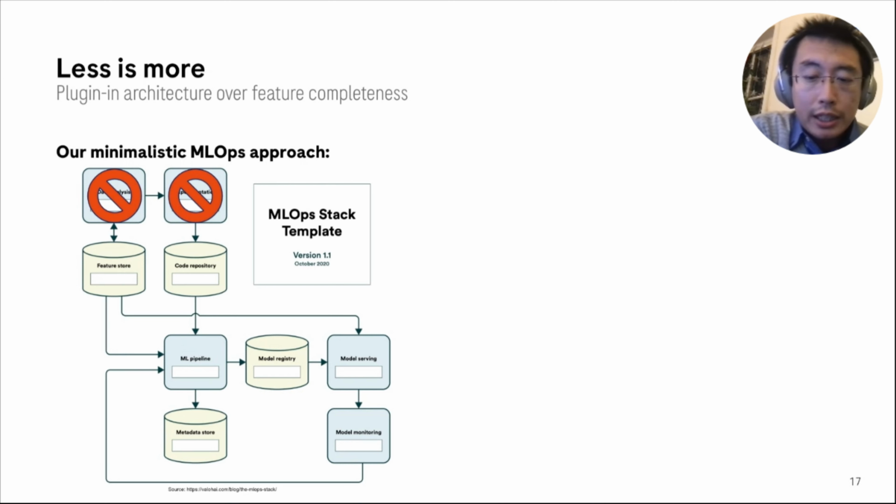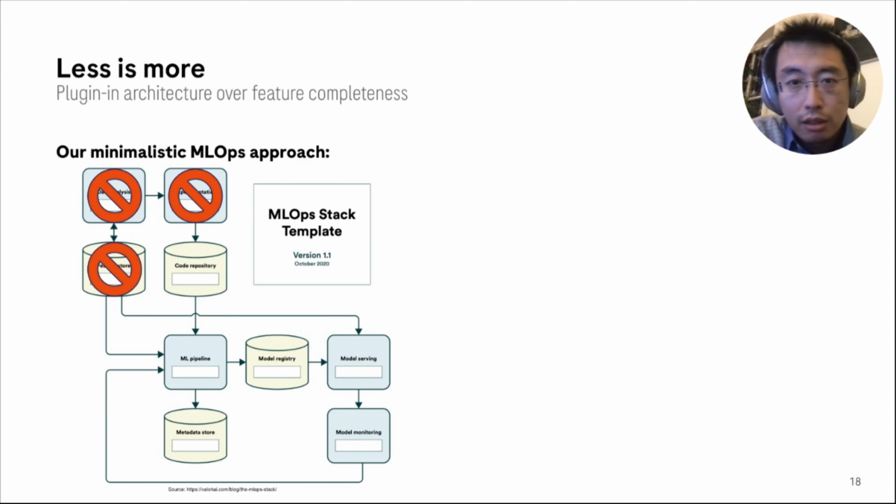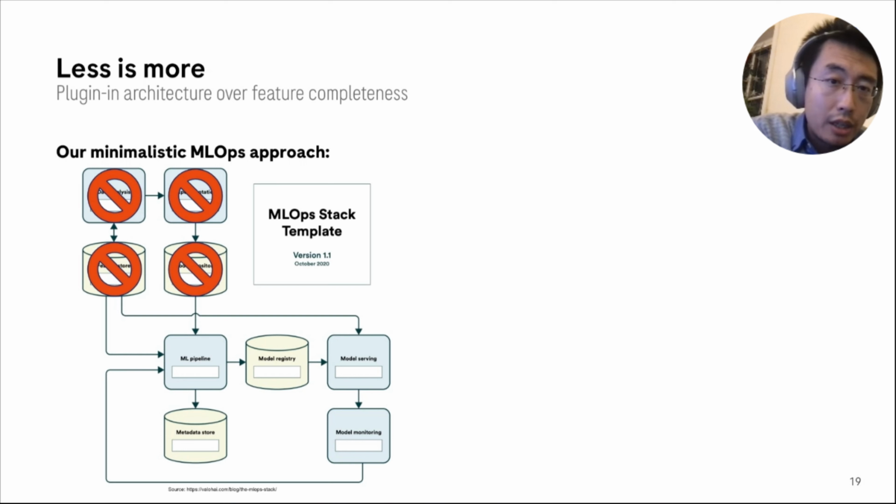Same goes for experimentation. We also didn't really have to worry about a feature store, as there are already features calculated and stored in some databases. For code repository, we converged on GitLab, so one less to consider.